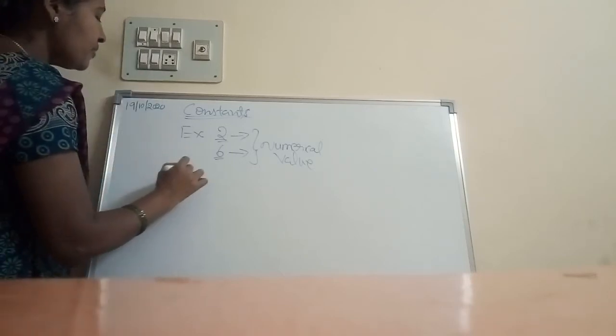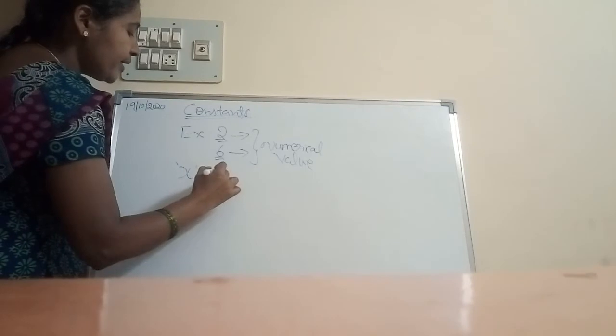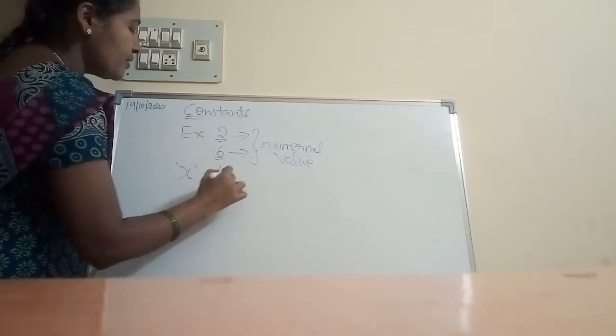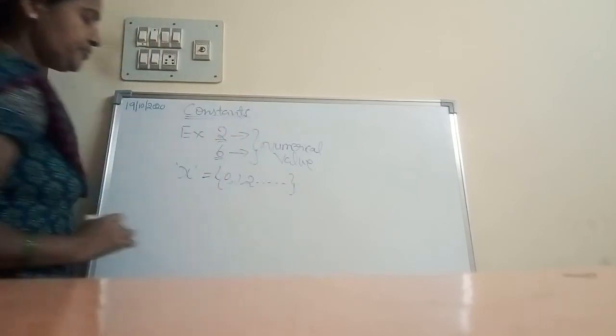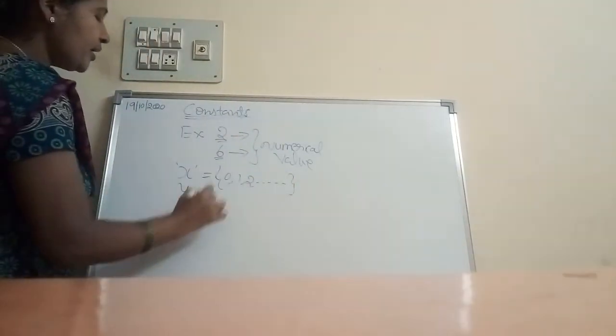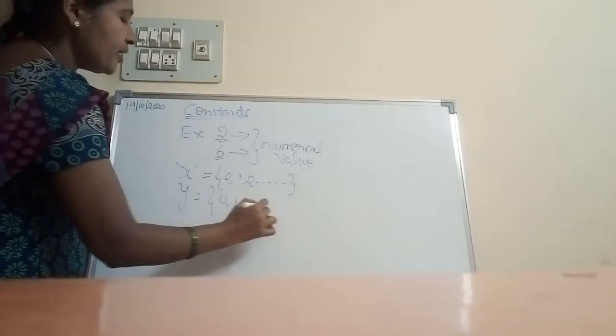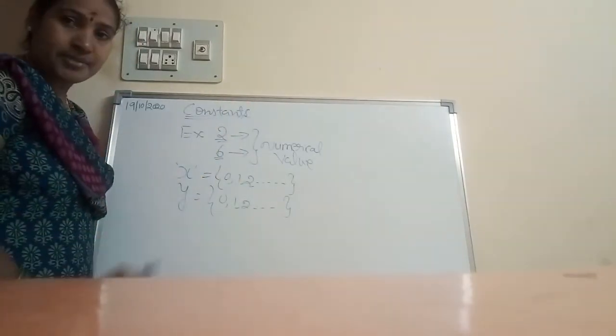For example, if I am writing x, the x can take any value. X may be 0, 1, 2, like that. X can carry any value. Y can carry any value. So these x, y are known as variables.